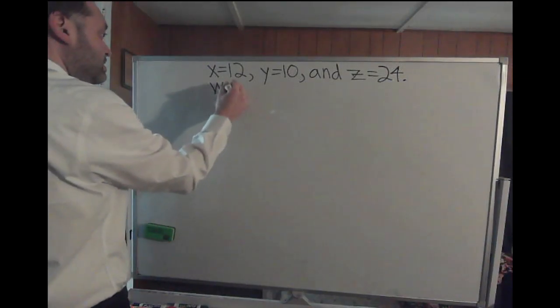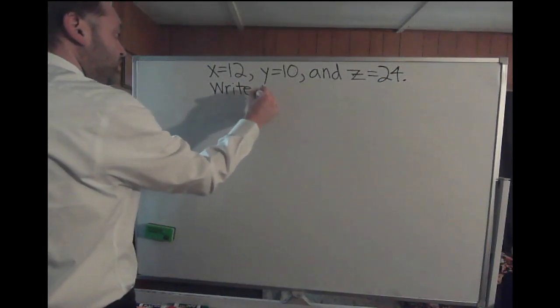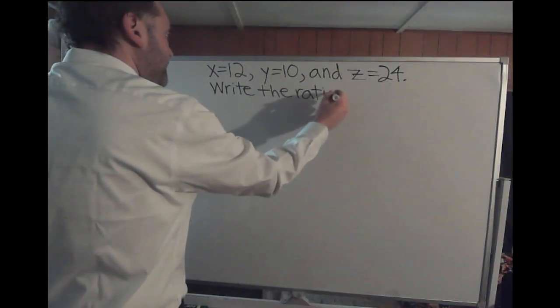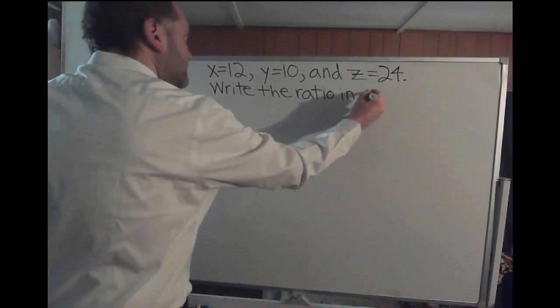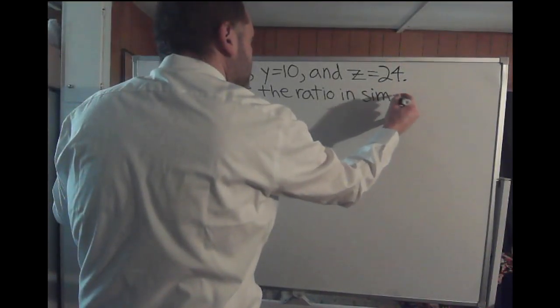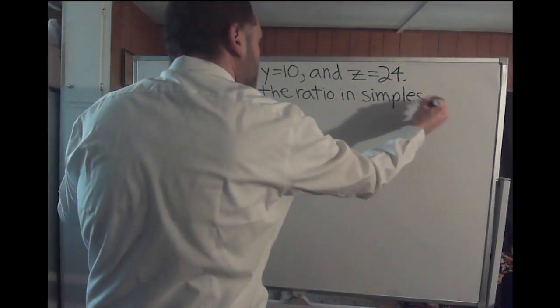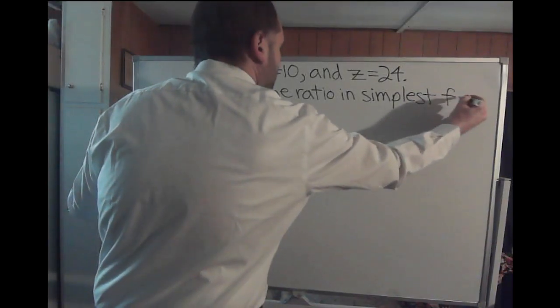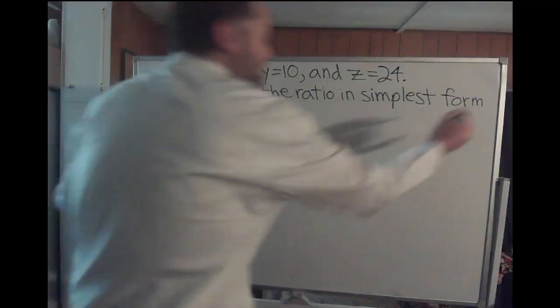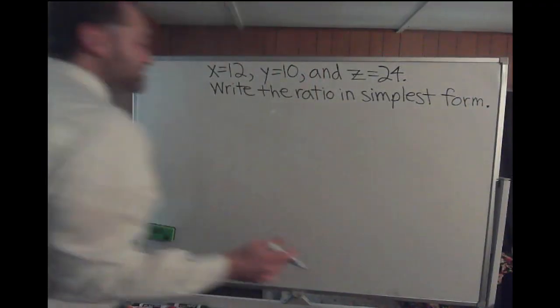Write the ratio in simplest form. So yes, this lesson and the next one will seem a lot like algebra all over again, but it's important for the fact that when we get into similar shapes, we need this.